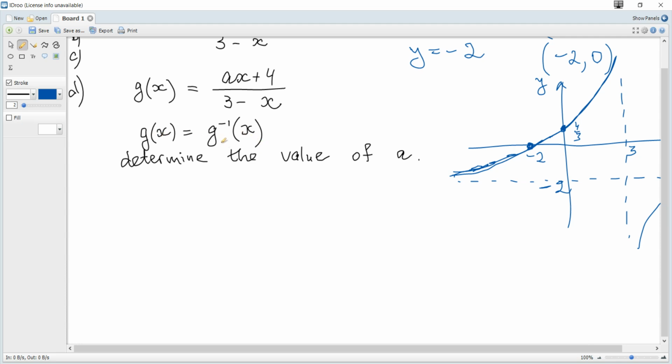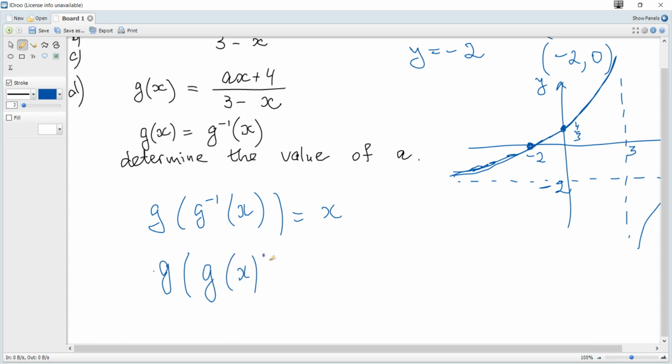You may use the definition that the function of its inverse is x, and since g is the same as its inverse, you may substitute just g here. So consider g of g is x.